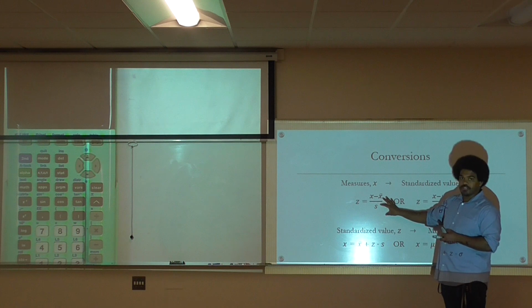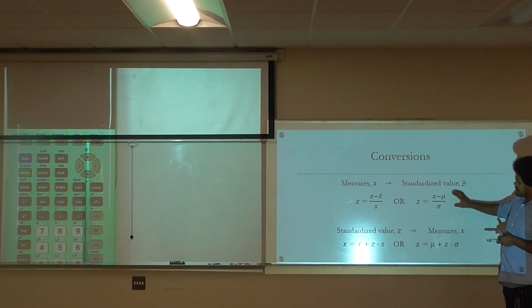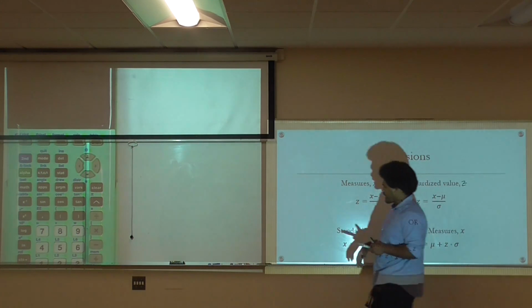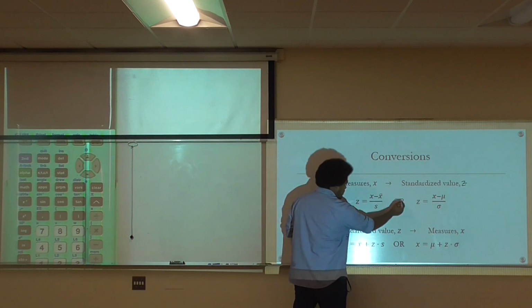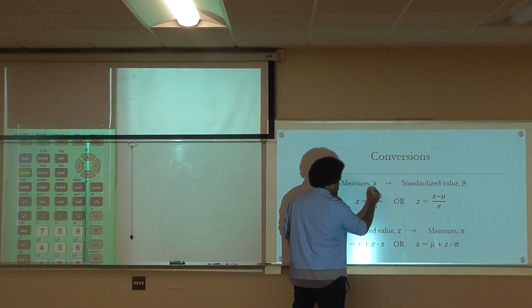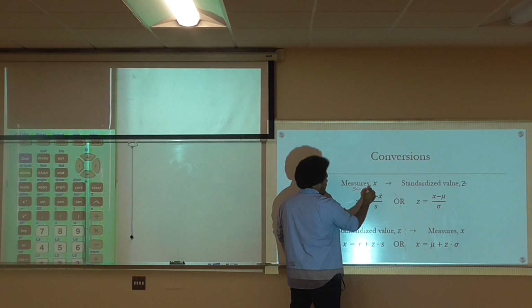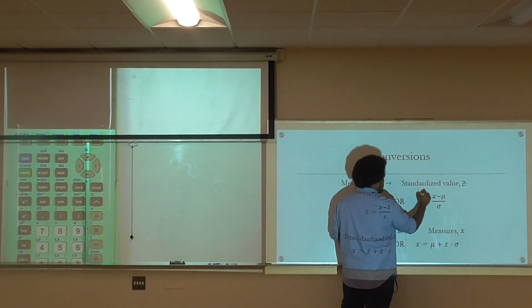If it's a sample, you're using x bar and s. If it's a population, you're using mu and lowercase sigma. I'll note it here: these before the ors are your samples, and these are your populations.